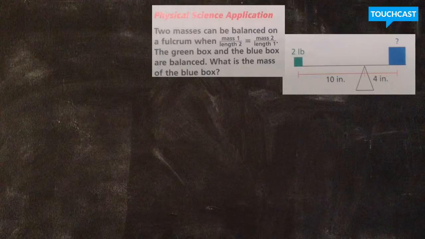Two masses can be balanced on a fulcrum when the mass of the first object over the length of the second object is equal to the mass of the second object over the length of the first object. The green box and the blue box are balanced, but we need to figure out what the mass of the blue box is. So to do this, we can write the mass of the green box over the length of the blue box.